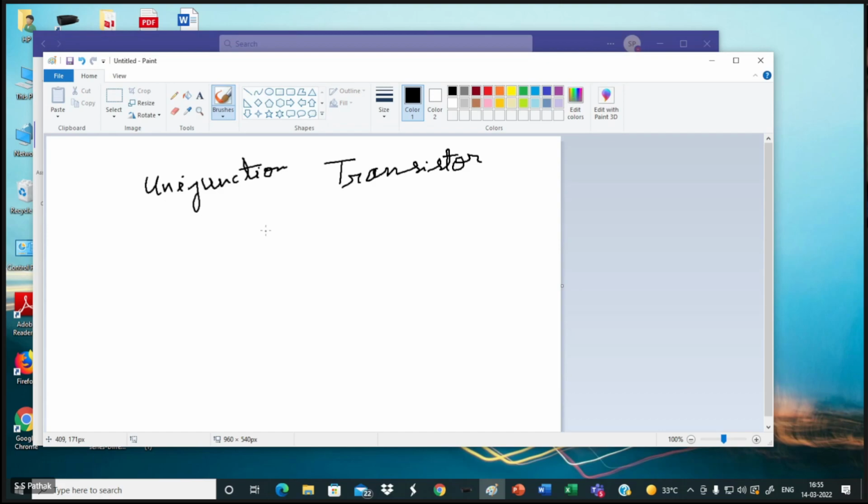Okay. What is that? Here it is made of silicon.